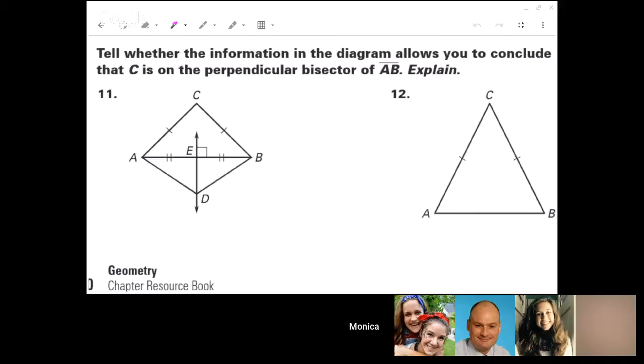Yes. So there is enough information to prove that, because it's equidistant from the endpoints of AB. And then you said number 13.